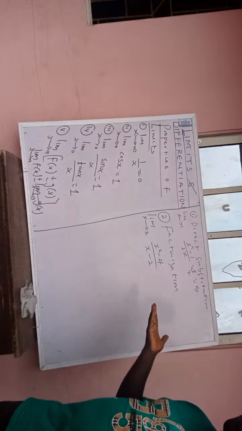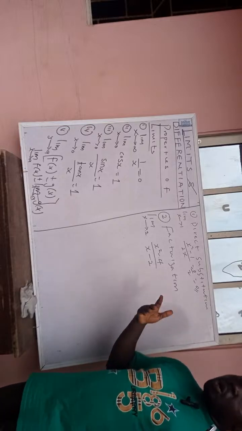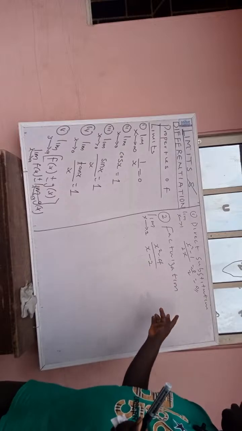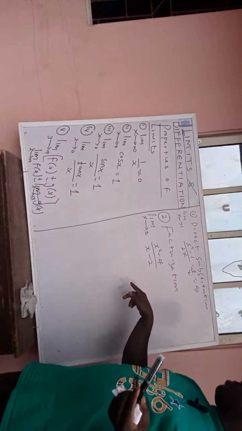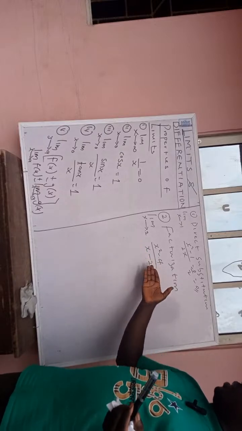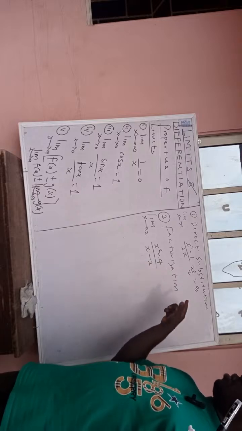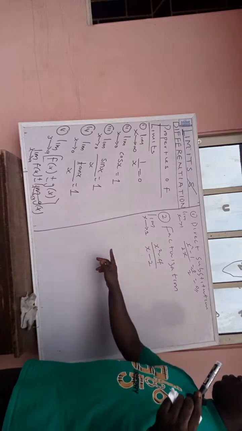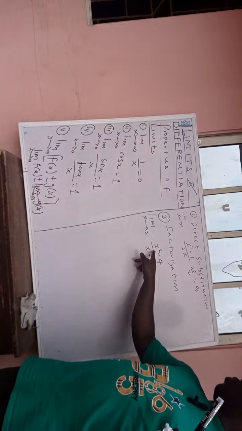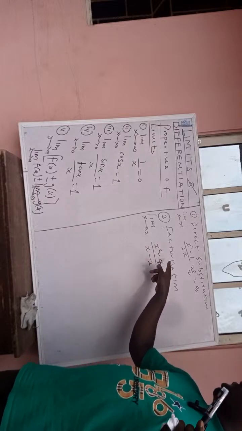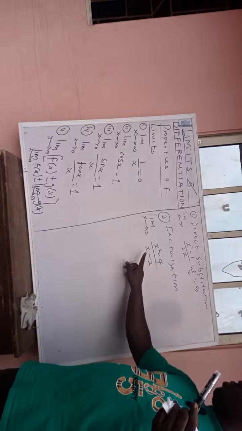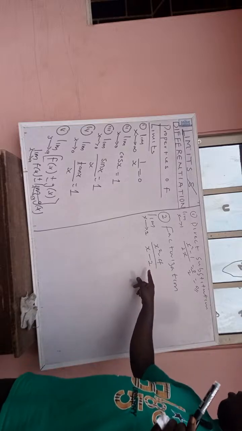If you were to confront average secondary school students or 100-level students and ask them to solve this question, people who do not have the knowledge of what we're talking about could just put 2 here. So 2 squared is 4. 4 minus 4 is 0. Put 2 here, that's 0 up, 0 down.